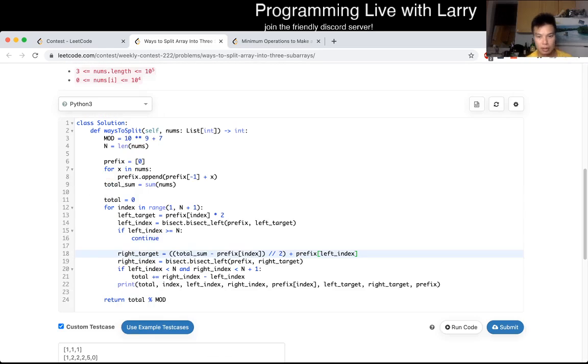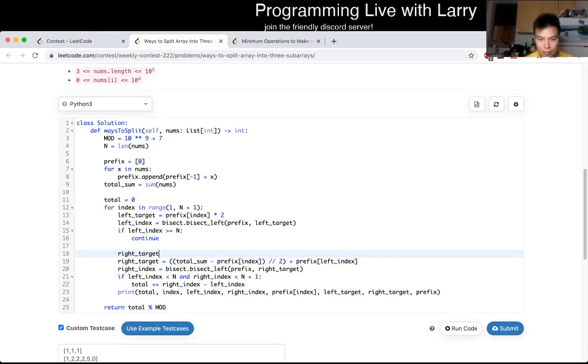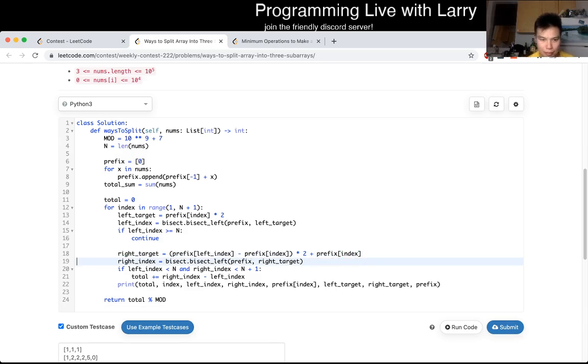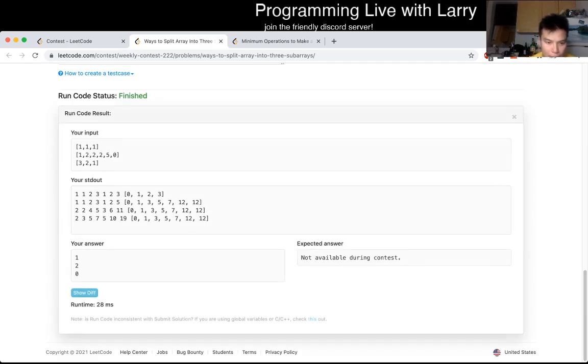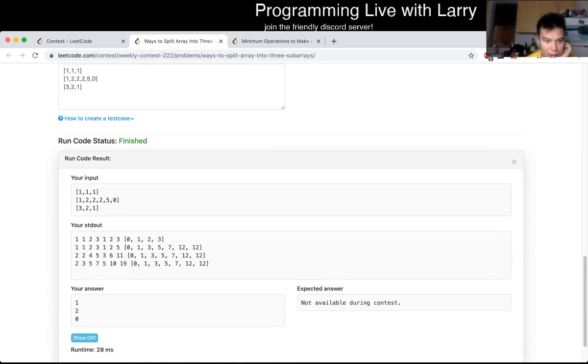So that's the delta times 2 plus. I don't know if this is right anymore. Now it's going the other way too much.